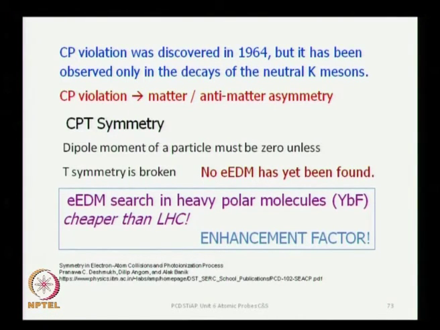CP violation is of importance. Some of you keep wondering where is all the antimatter, and part of the reason you do not find as much antimatter as you find matter is because of CP violation, but that is again an involved question which does not fall into the scope of our discussion.